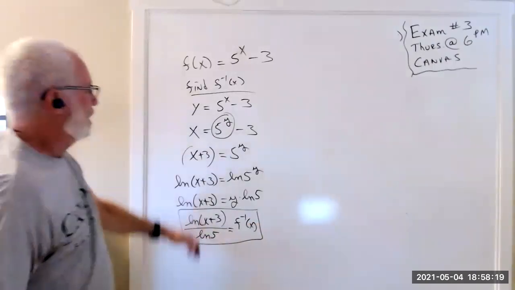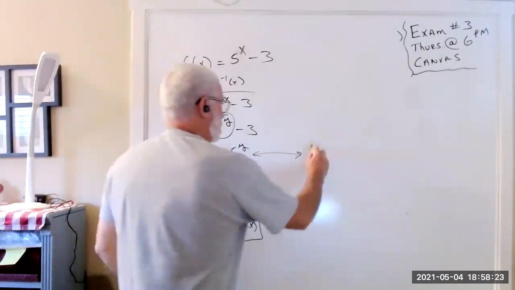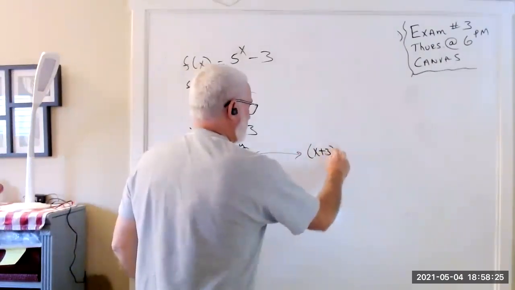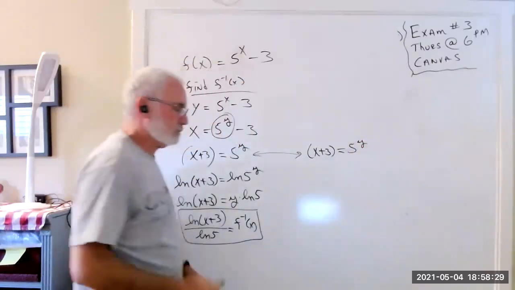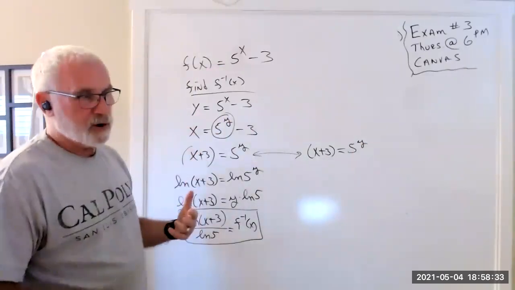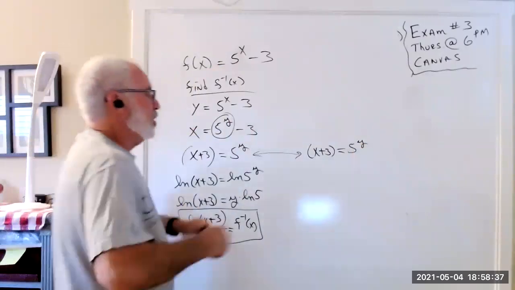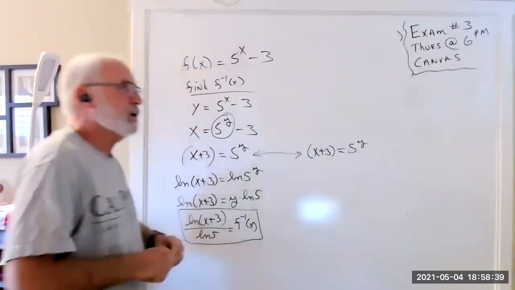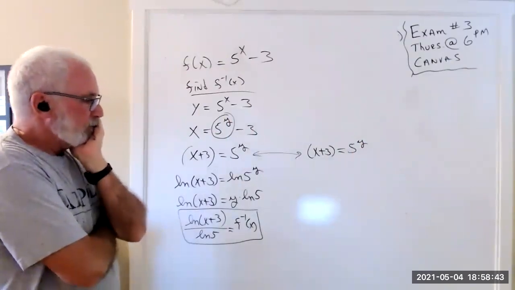At this point right here, we have x plus 3 equals 5 to the y power. About a week and a half ago, I showed you this other technique. Okay, I lied, wait a minute.